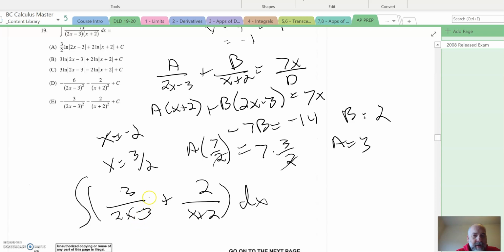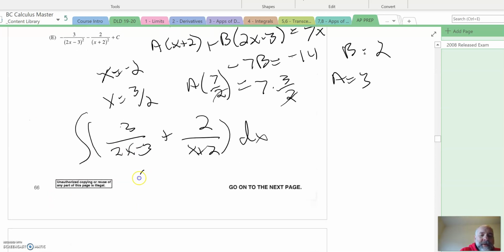Okay, I'm liking these guys right here. Oh, wait, no, very sneaky. So I'd pull the 3 out, but then to do the integral of this, that would be the integral of 3 times 1 over 2x minus 3.